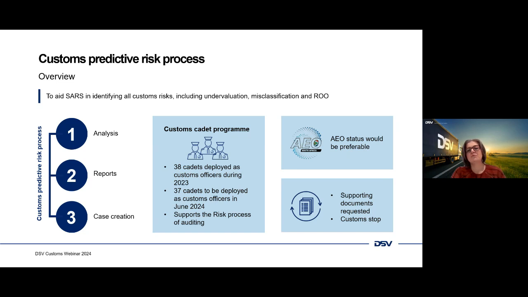It is intended to be done via an AI tool, so bringing in artificial intelligence with regards to zoning in on clients, and also the trade that is possibly illicit. It'll also assist them to identify under-valuation, misclassification, and the rules of origin. So your big three that you do on a customs declaration.